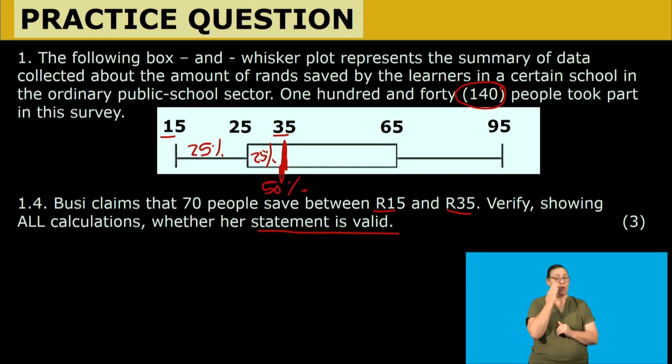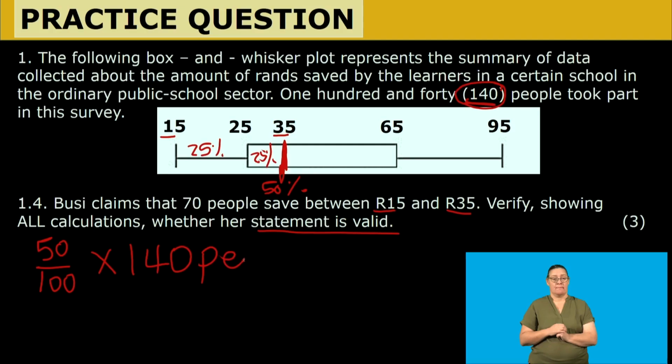50%. So if you want to know the number of people, you will take the 50% here. You will say 50%, which is the same as 50 over 100. And then you multiply by the number of people, which is 140 people. So if you punch on your calculators, you say 50 divided by 100 multiplied by 140 people. 50 divided by 100 is 0.5 multiplied by 140 people.